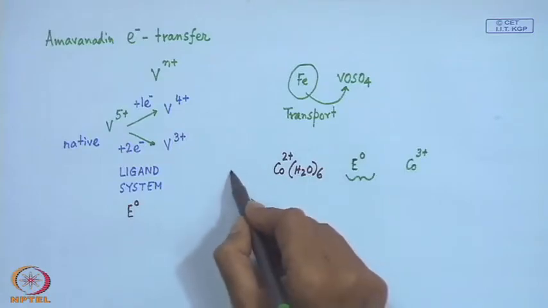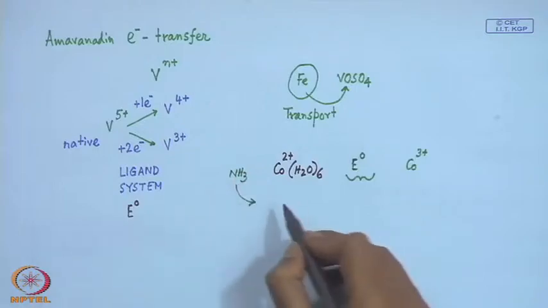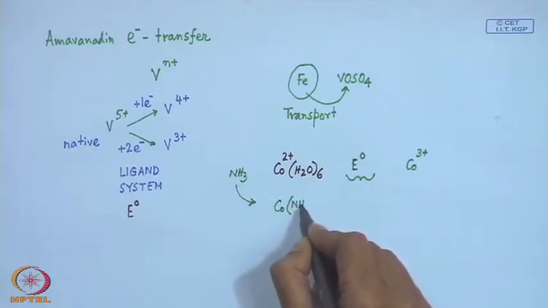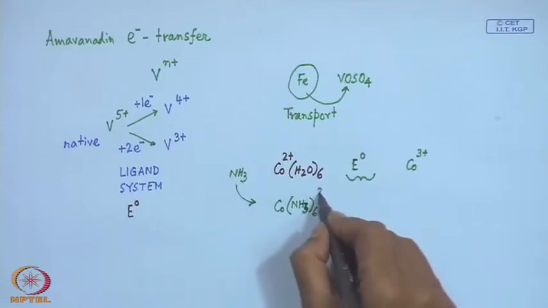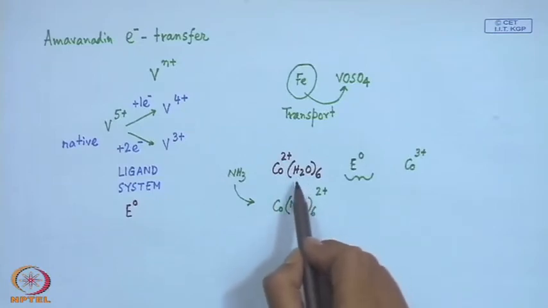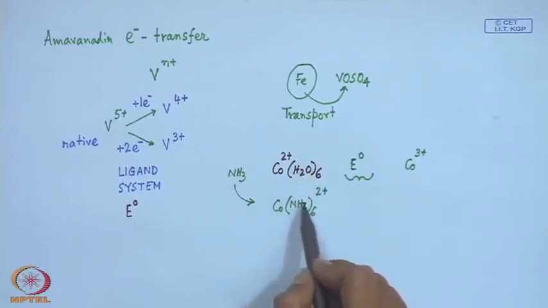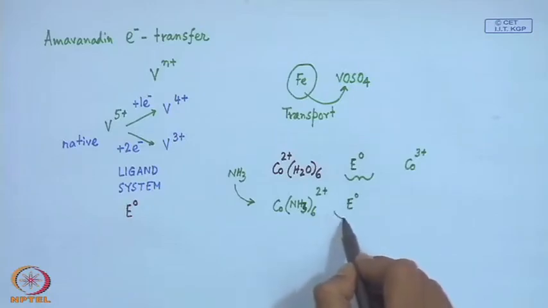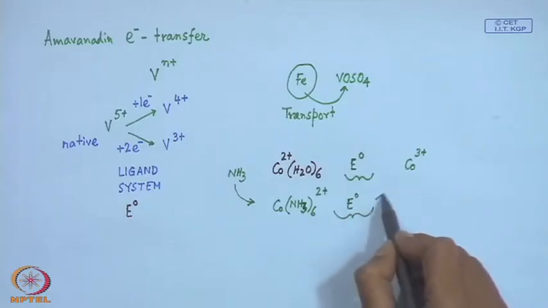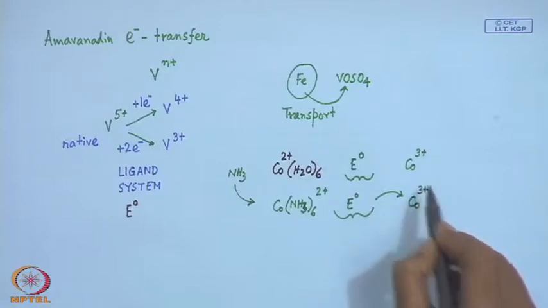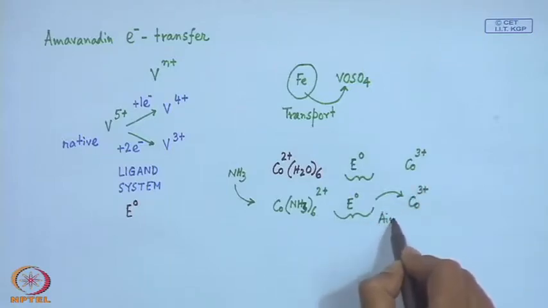but if we just simply add some aqueous ammonia within the system, it immediately replaces all 6 water molecules by 6 ammonia molecules, and as a result our coordination environment is getting changed from an O6 environment to an N6 environment, and now the corresponding E0 value for this particular species drops down, and we easily oxidize this compound to cobalt 3 plus, and we know that air is sufficient for that oxidation.